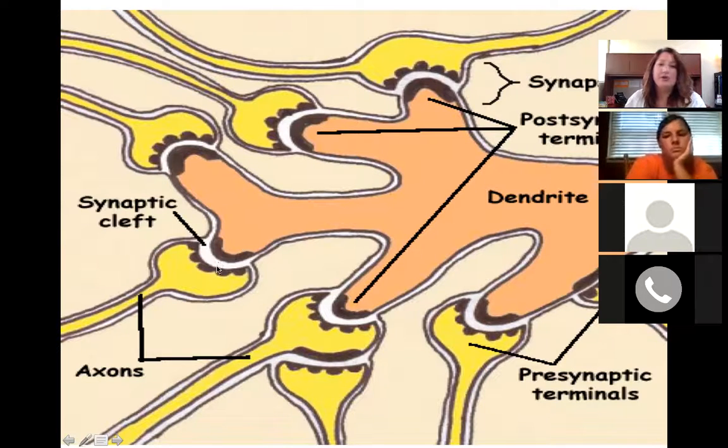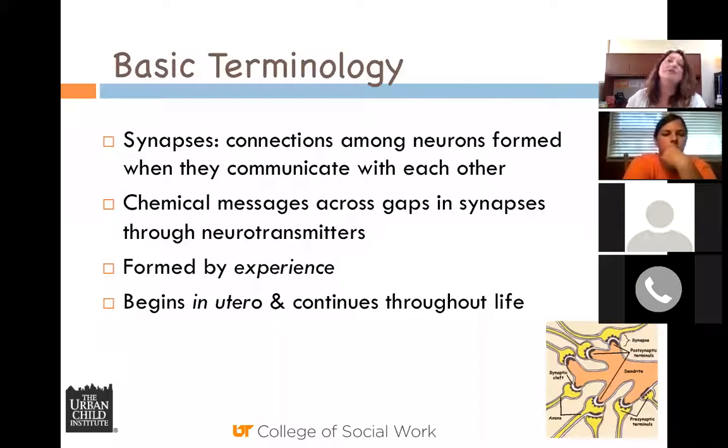There are chemicals like neurotransmitters that are released and go back and forth. When these connections happen, they're essentially electric currents. That's how connections are formed, and how neurons communicate with each other.